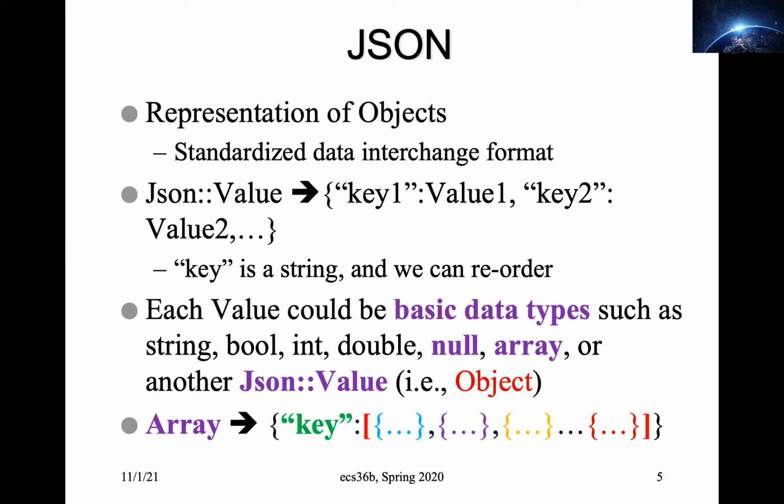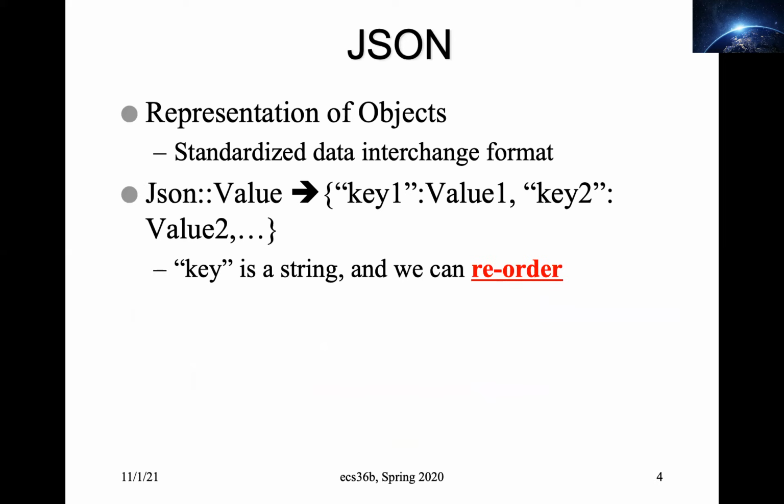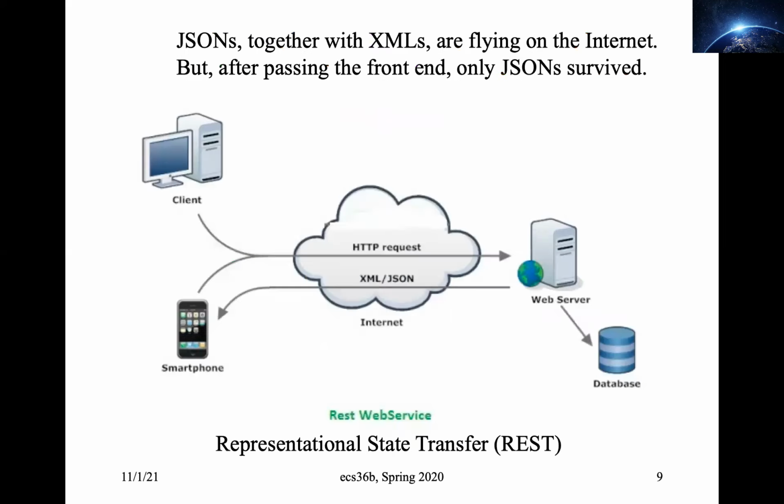They are all under json::, just like std::. So whenever you see json::Value, it's an object. This is our good friend. We're going to use it a lot, today and for the rest of the quarter. So this is an object. Now I'm going to ask you a further question.